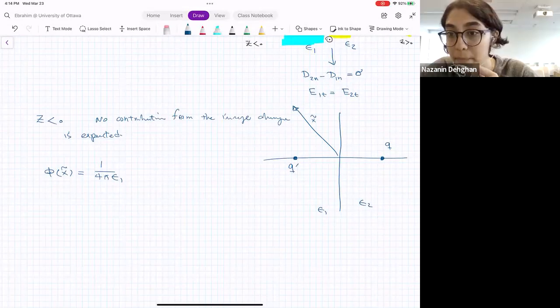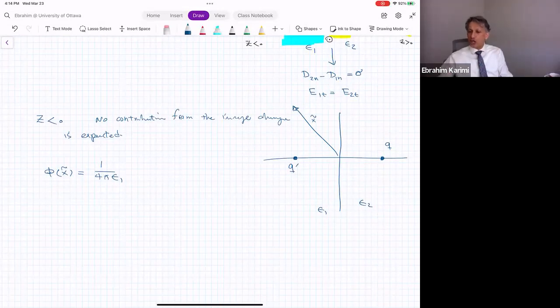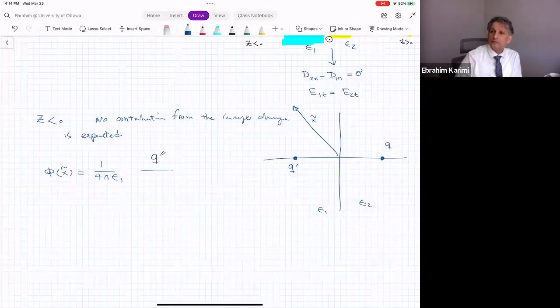Q. But now, since there is a jump from epsilon 2 to epsilon 1, I'm not expecting that the charge will be exactly Q. It may be a different one. Can be a Q second, which is given by Q second divided by x minus x0, the same distance, which is that one.